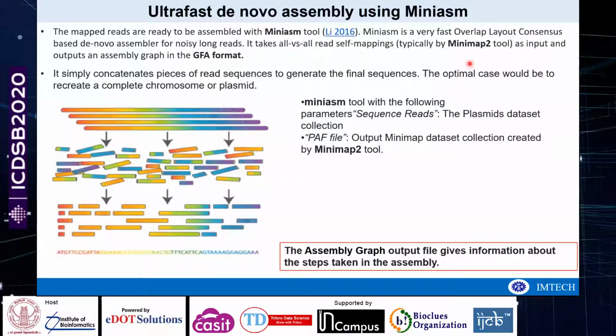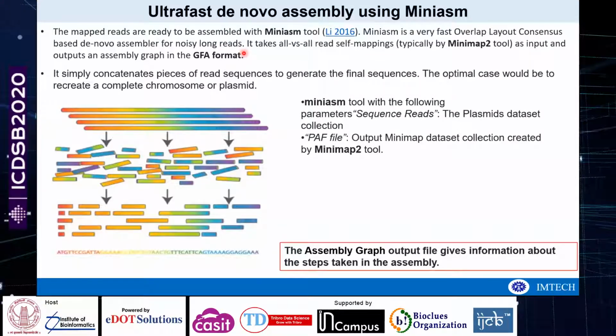To generate the consensus sequences from the noisy long reads, we have used the miniasm tool. The miniasm tool takes input from the Minimap2 tool, which I have described previously, and outputs an assembly graph in GFA format.